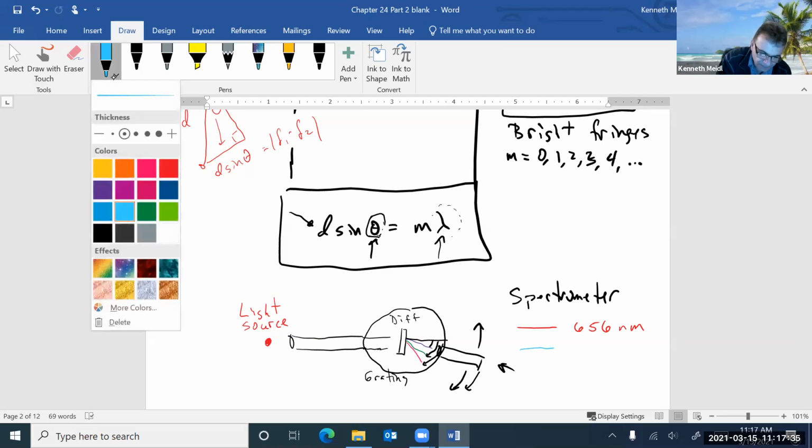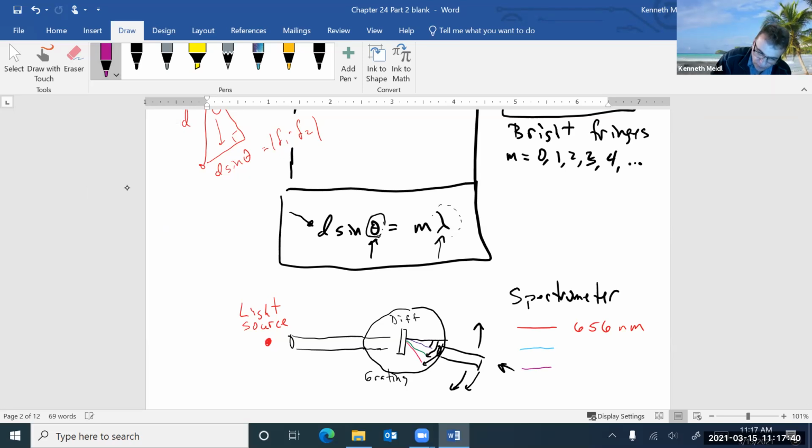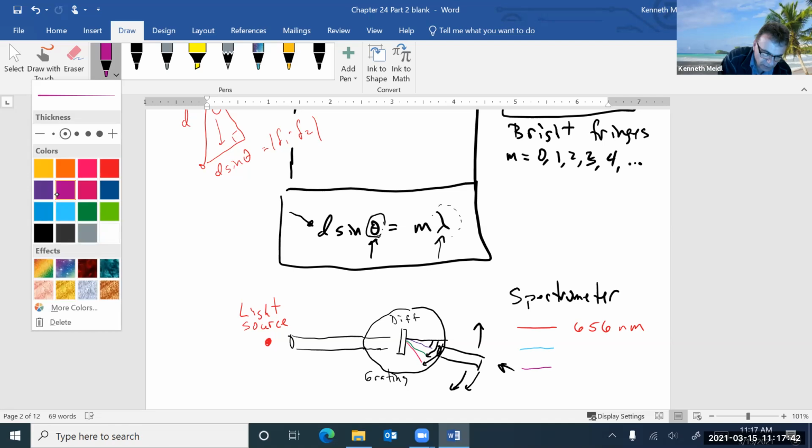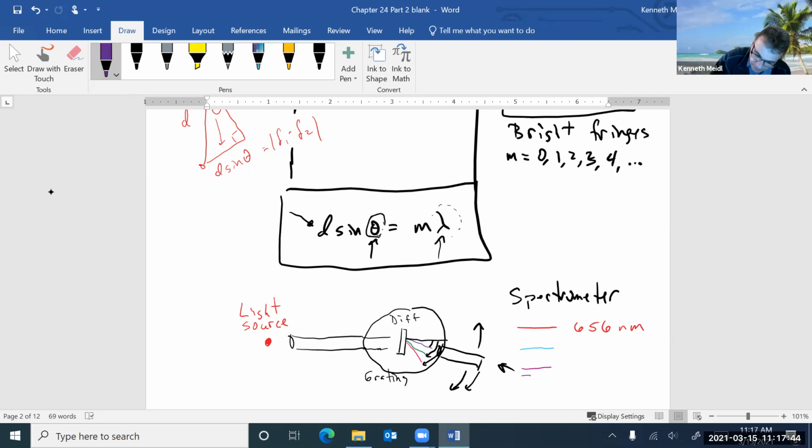And then there are like 2 purples that are pretty close to each other. As I recall, maybe this bluish green light is something like 486 nanometers. And maybe one of these is like 434 nanometers. I can't remember this last one. This last one is 410 or 404, something like that.